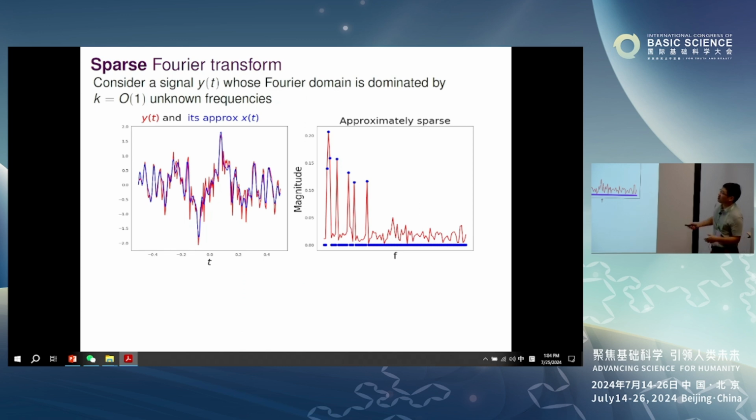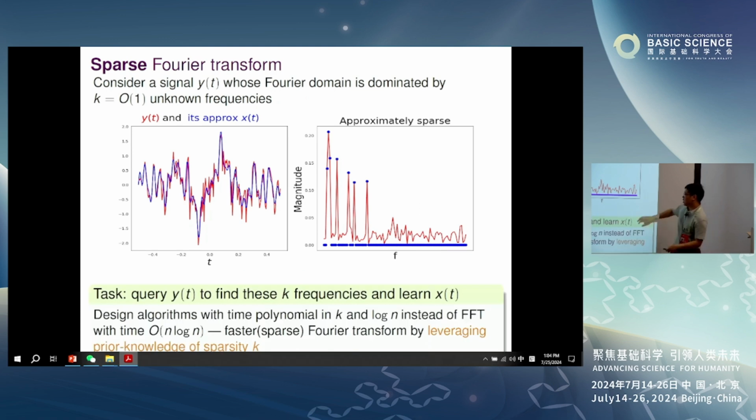In other words, my input is a signal Y whose Fourier domain is dominated by a few frequencies. Say the sparsity parameter is K. For convenience, we may assume K is a constant in this talk, and the goal will be to find these K frequencies and then learn the truth X.